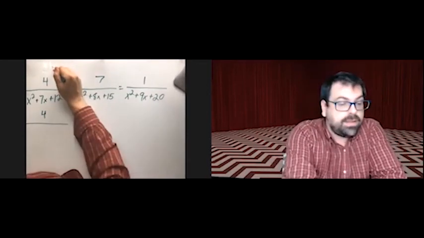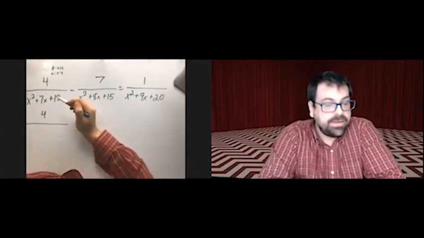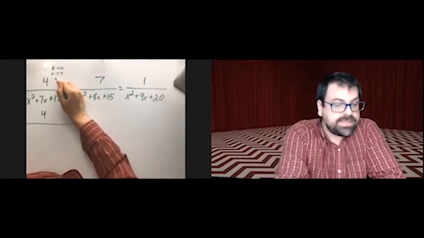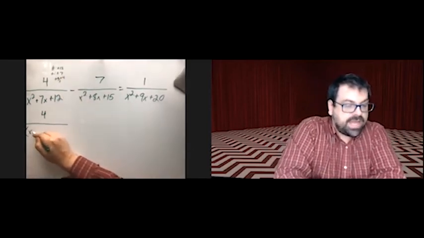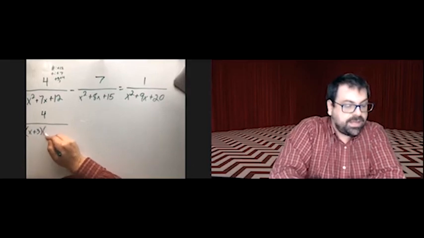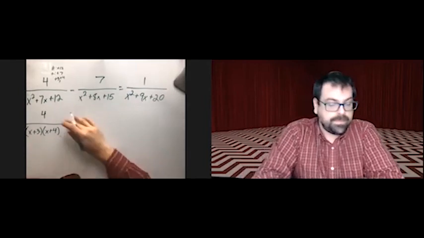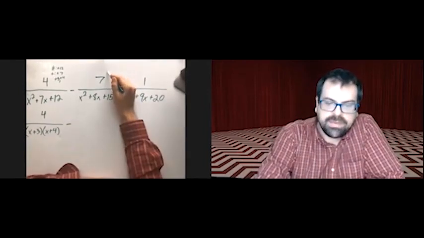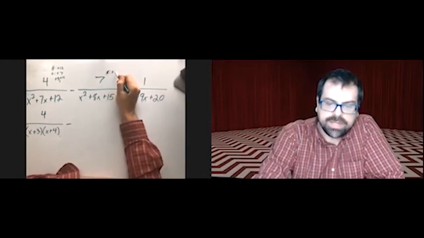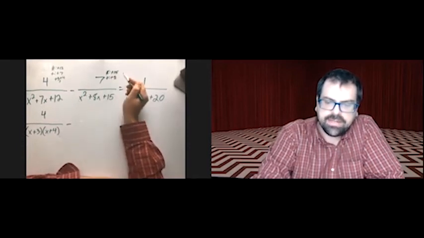Numbers that multiply to positive 12 and add to positive 7. That's plus 3 and plus 4. This one factors to x plus 3, x plus 4. Minus. Here we would need numbers that multiply to positive 15 and add to positive 8.